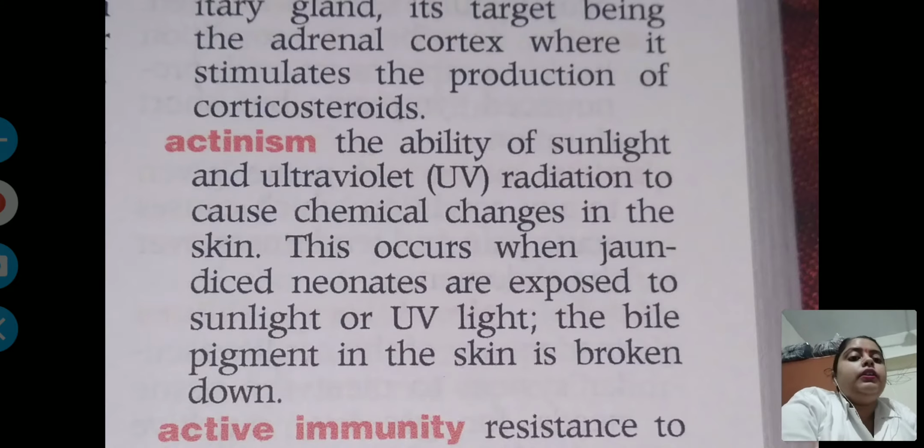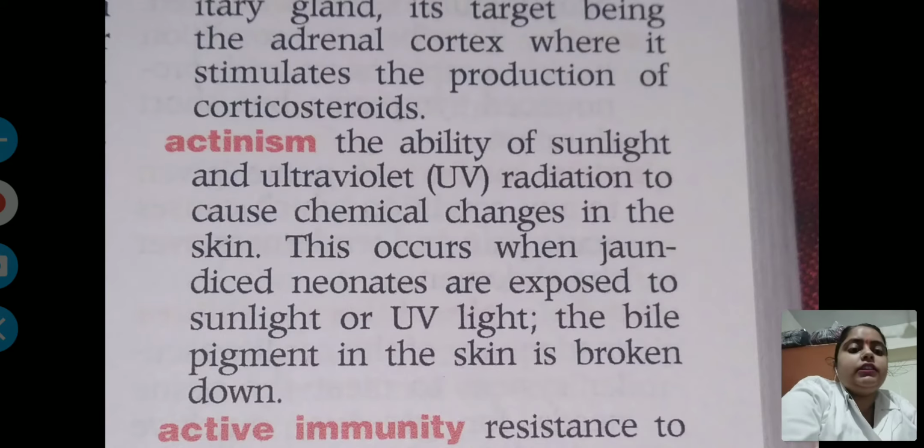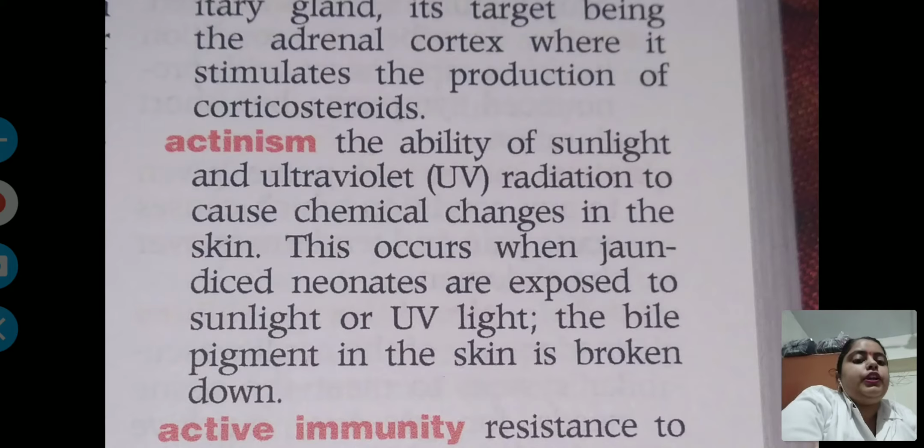When a newly born child is exposed to sunlight or UV light, that light causes chemical changes in the skin of the baby, especially jaundiced neonates. So here, the bile pigment in the skin is broken down.